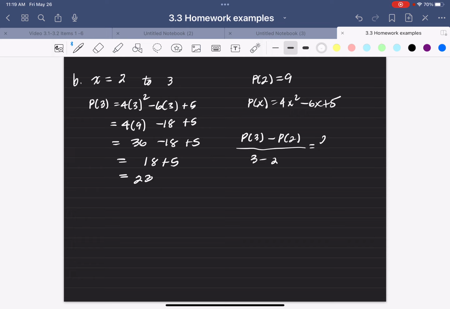So that's 23 minus 9 over 3 minus 2. That's going to give us 14 times 100, so 1,400. So going from selling 2 items to 3 items, we're going to make an additional 1,400 because the profit's going up by 1,400.